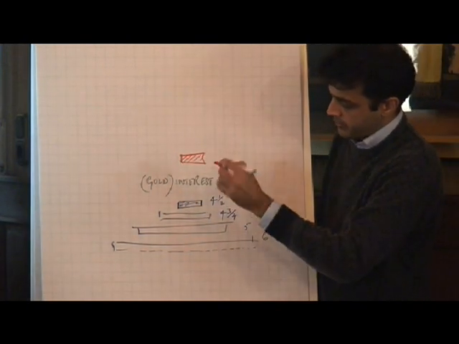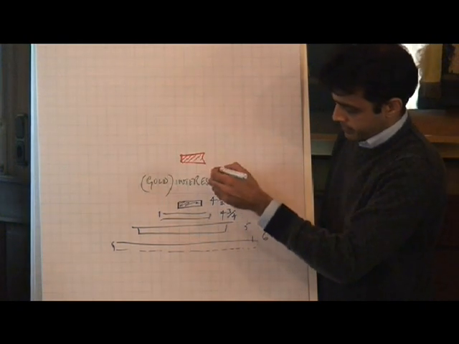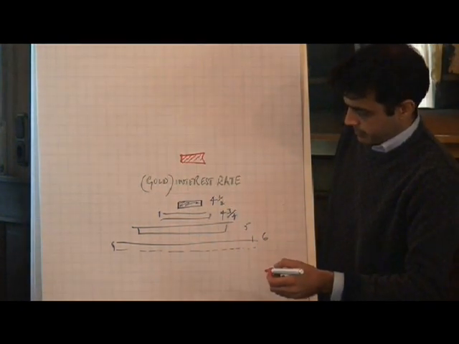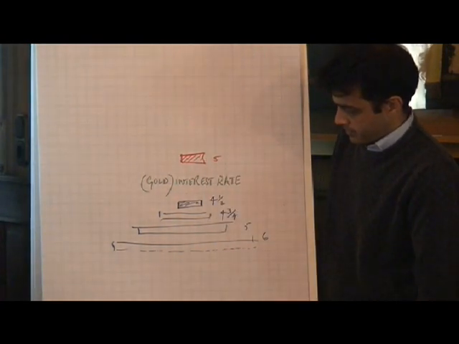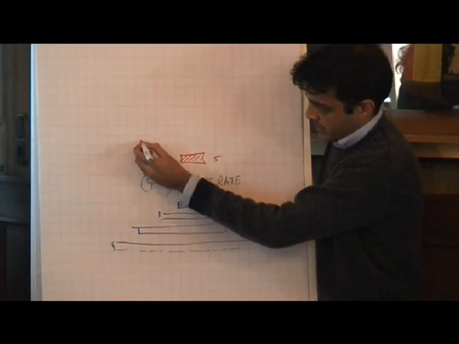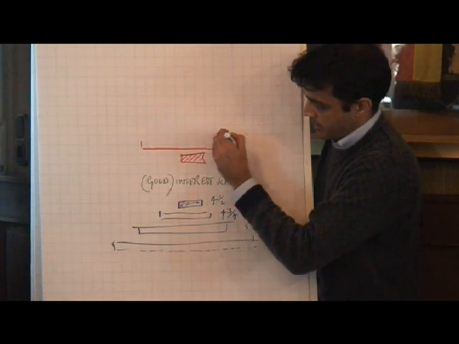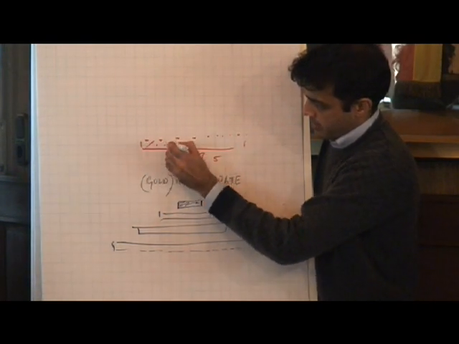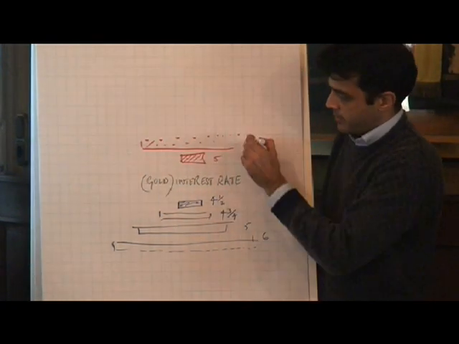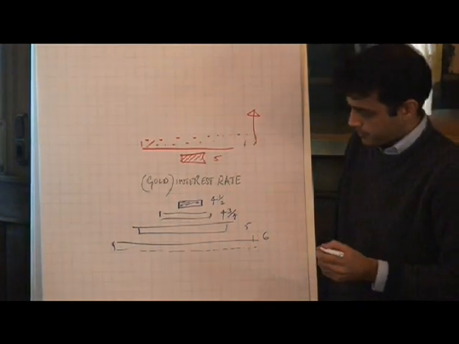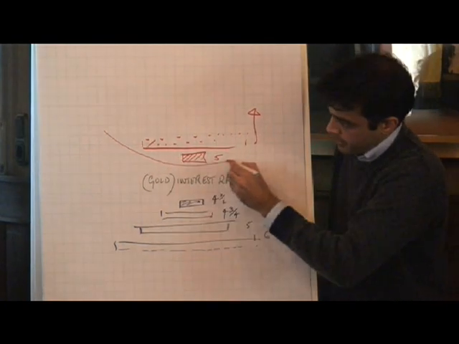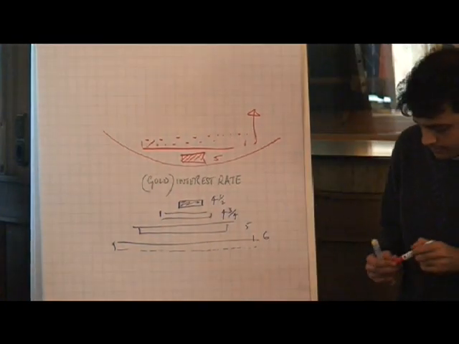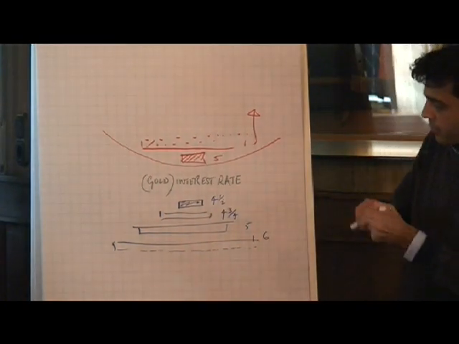And say that is 5. And then again, there are other people up here, etc., etc. So this was the interest rate bid-offer spread.